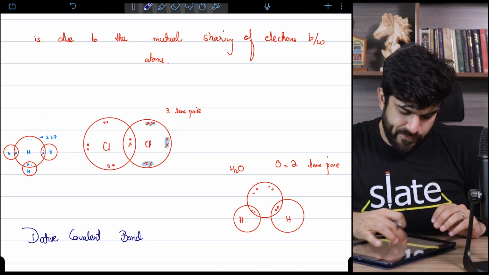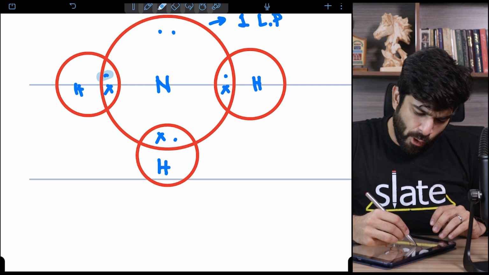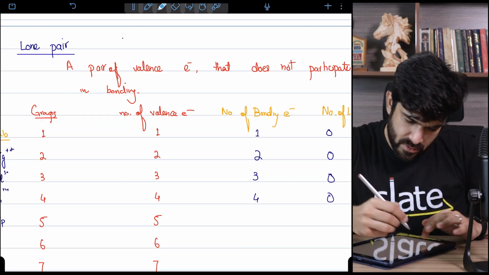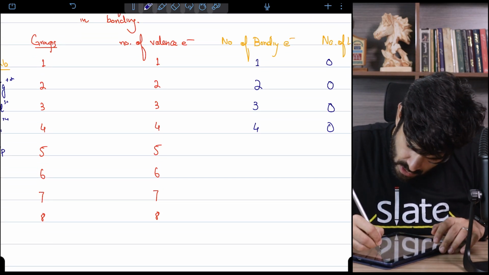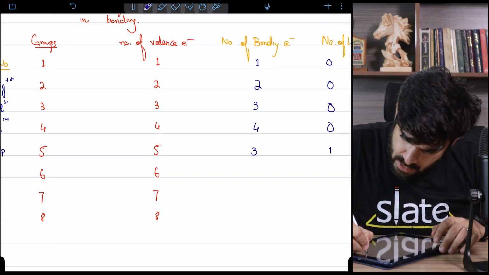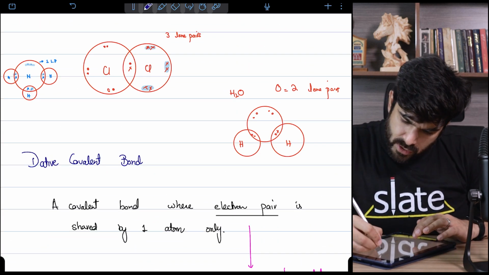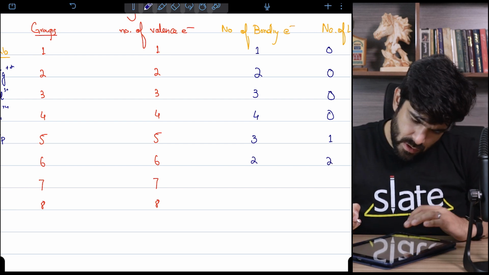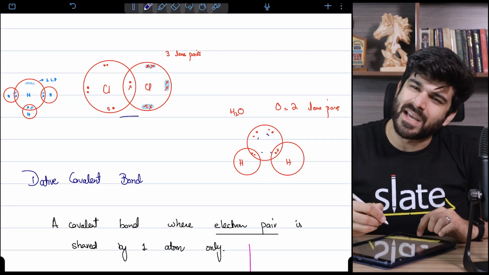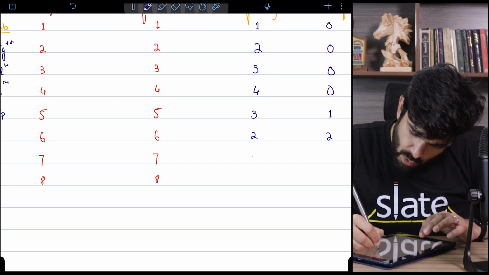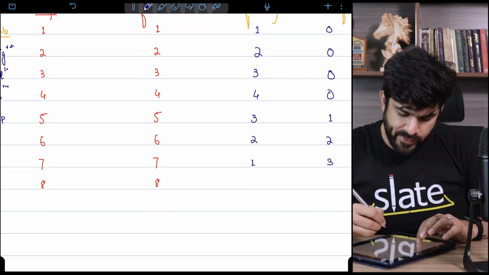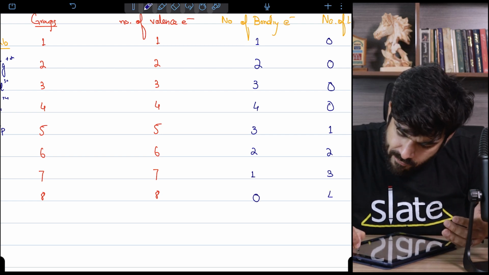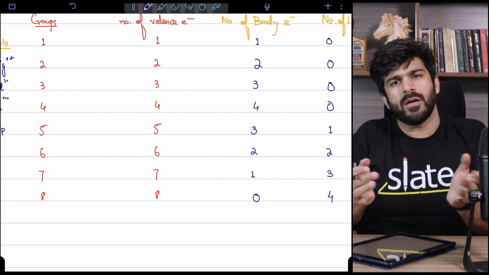So nitrogen or phosphorus, for instance. If you look at nitrogen, group 5, nitrogen has 3 bonding electrons and 1 lone pair. So 3 bonding, 1 lone pair. Oxygen, 2 lone pair, 2 bonding. Group 7, chlorine, 1 bonding electron, 3 lone pairs. And when we talk about noble gases, they don't bond. So 0 bonding electrons and 4 lone pairs. So lone pairs are that way.